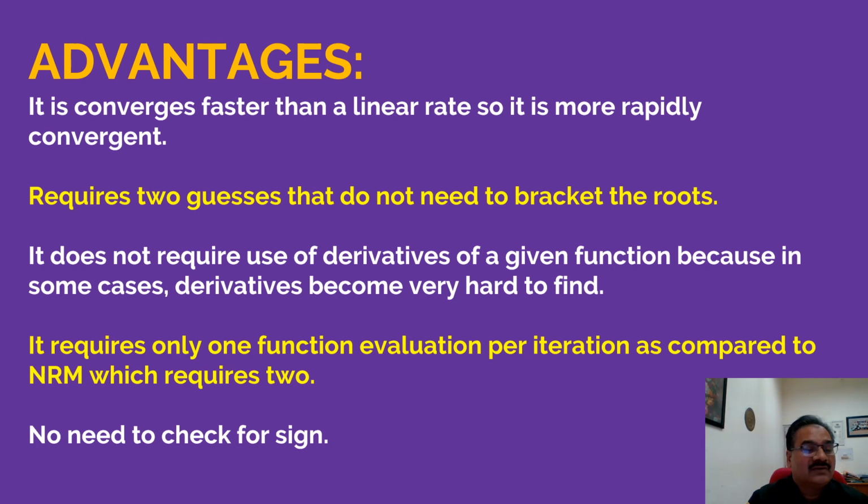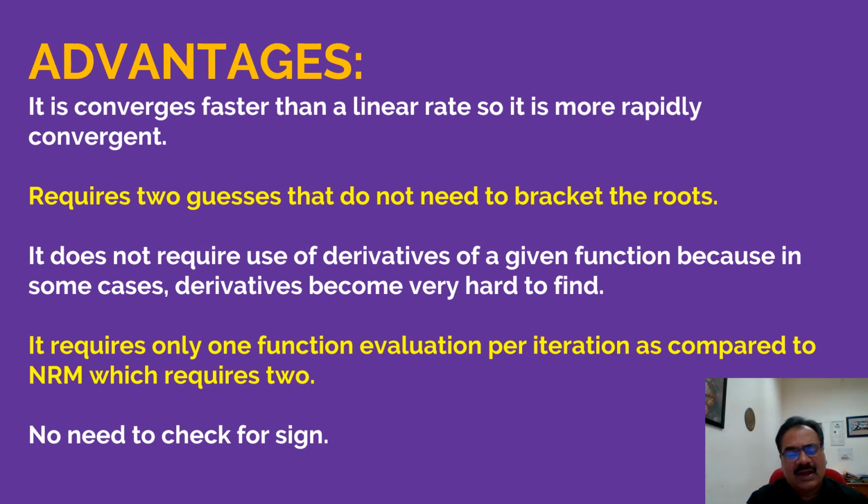And what are the advantages of this method? It converges faster than a linear rate, so it is more rapidly convergent. This method requires two guesses that do not need to bracket the root. Okay, it does not require use of derivative of a given function. जैसे हमने न्यूटन रेफसन में देखा, यहाँ नहीं चाहिए हमें, because in some cases derivative becomes very hard to find.